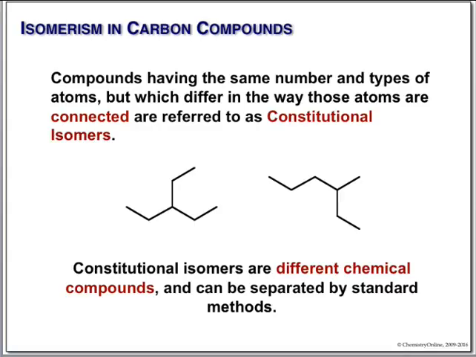Nonetheless, if you look at the formulas, this is C7H16. This is also C7H16. Nonetheless, these are totally different compounds. Different melting point, different boiling point, different everything. But they have the same formula. These, once again, are called constitutional isomers.